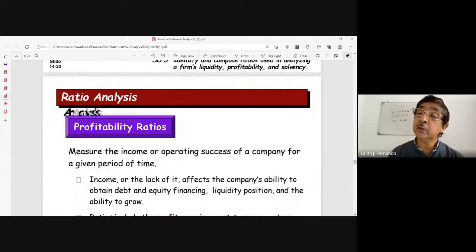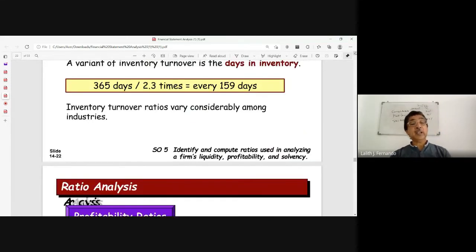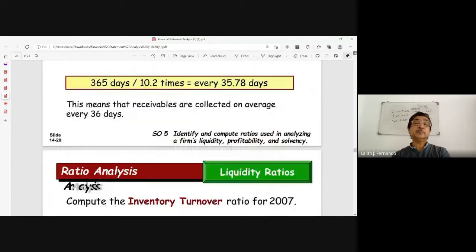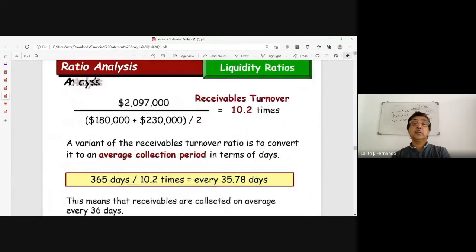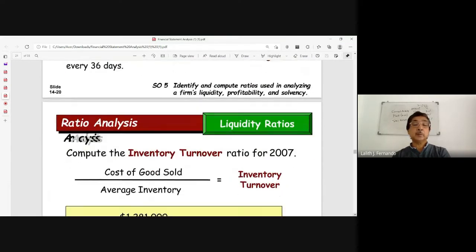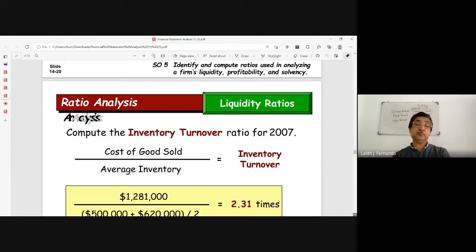Right, now we talked about current ratio, acid test ratio, then receivable turnover ratio, and inventory turnover ratio.